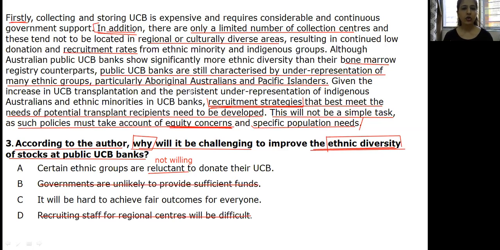Yeah, there's no mention about people's attitude or people's viewpoint or people's reluctance or unwillingness. It says that we don't have enough centers located in those areas. So C is the correct answer, very good. It would only be possible if you understand the paragraph fully, and not just as separate sentences, but looking at the paragraph as a whole single idea that is being mentioned.